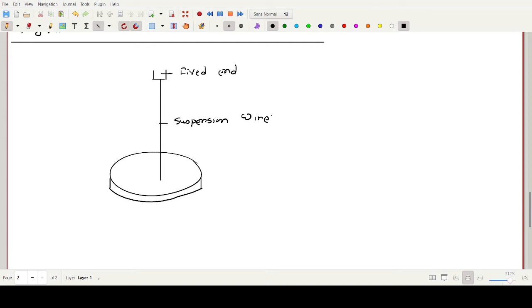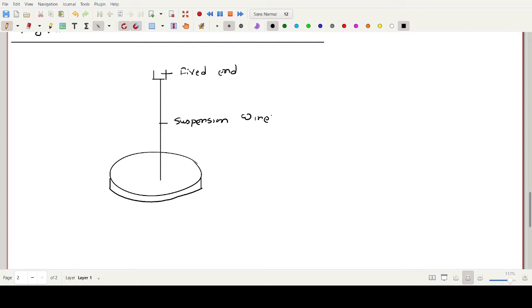This is actually an angular version of the simple harmonic oscillator. In the previous case, in the spring mass system, there was a spring and a block. Here we have a suspension wire and a disc.